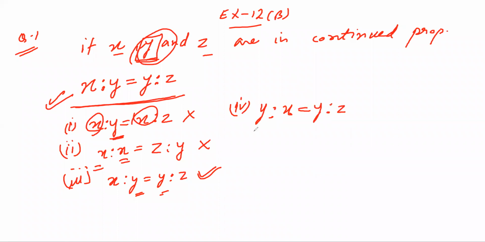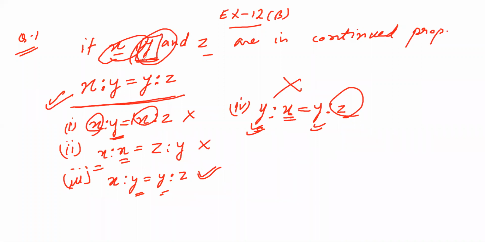We are repeating y, but x and z are the extremes. They should be written first, meaning the first term should be written first here, and the last term should be written in the end. So this is also not the correct option. So the third option is correct.